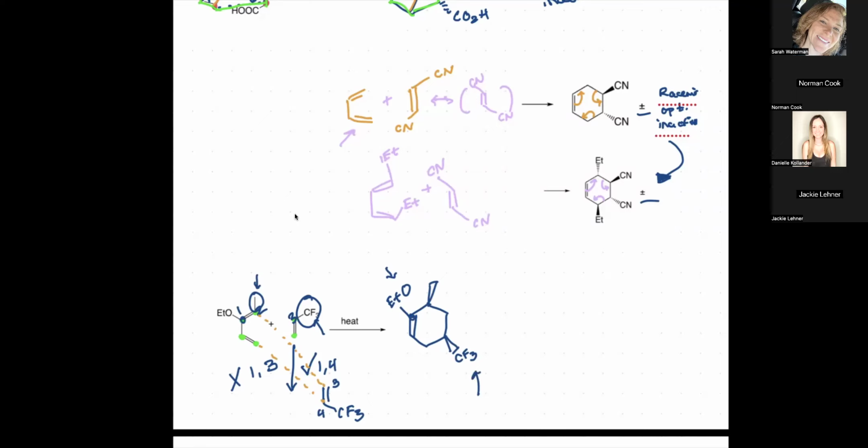Remember way back in our chair conformations and stuff, a 1,3 conformation is avoided at all costs because of the steric hindrance, the electron repulsion, all of that. So when you're doing these, that's why I put this on here, because I wanted to make sure you guys saw this. Double check that you're not just mindlessly going, okay, this goes here and this goes here, and then we end up having this CF3 and ETOH, right?